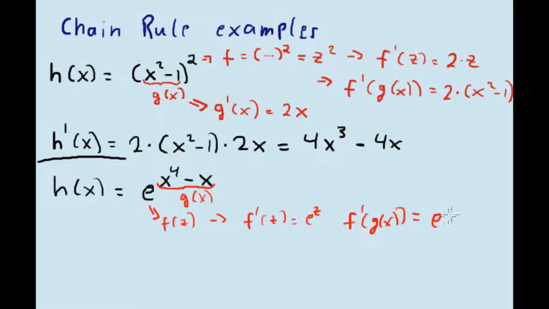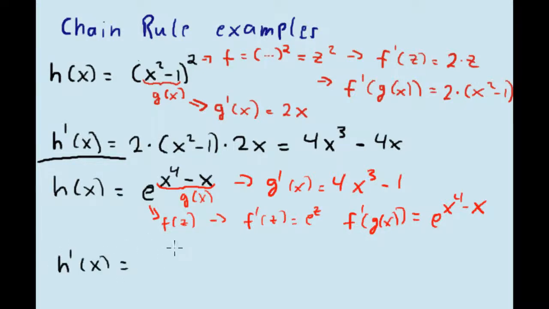So that is e to the x to the 4 minus x. And g prime of x is equal to, what is it, 4 times x cubed minus 1. So putting it all together leaves us with h prime of x, outer times inner.